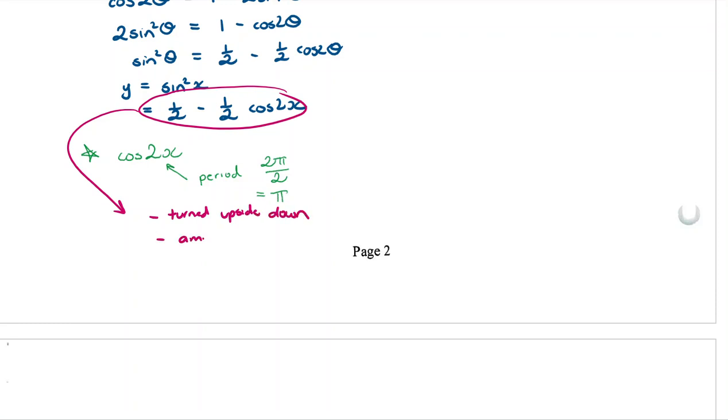The amplitude is a half, because of the half that's in front. And the positive half that's sitting at the front there, what does that do? Okay, so that's all the information we need. Now we just have to try and get all of that onto a diagram.